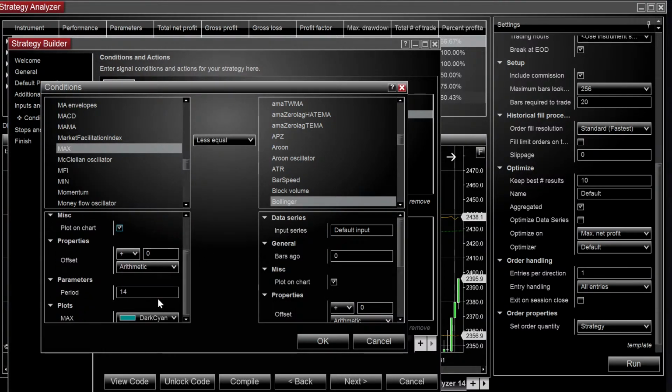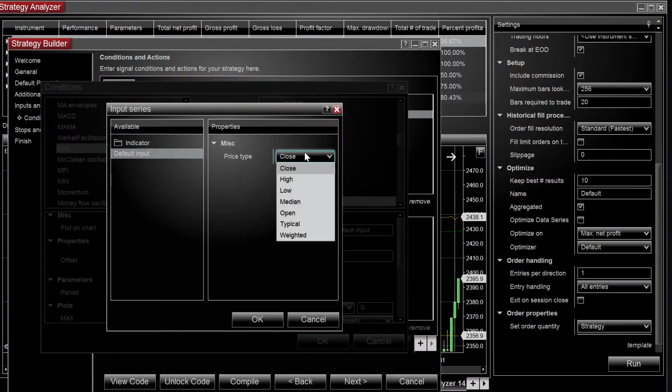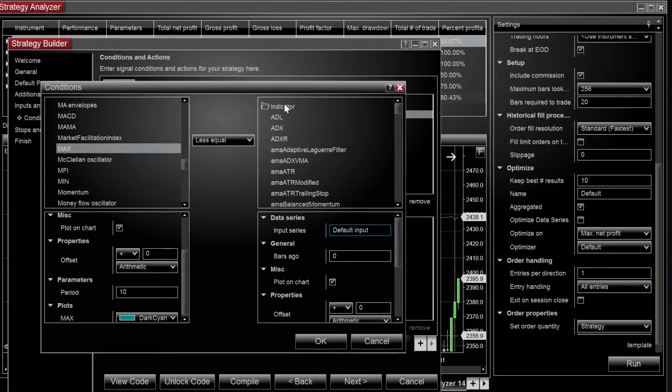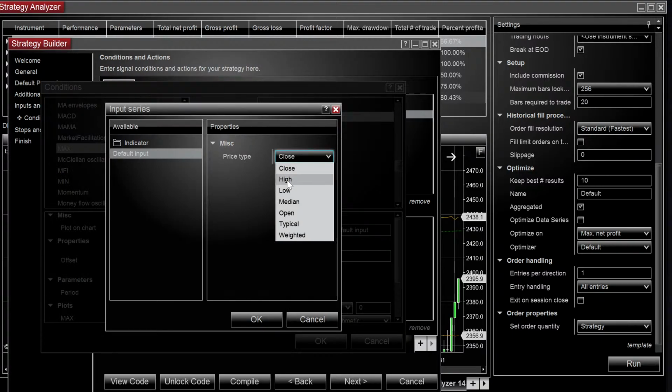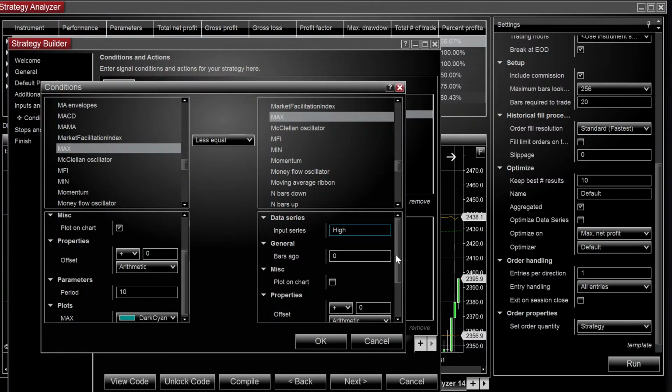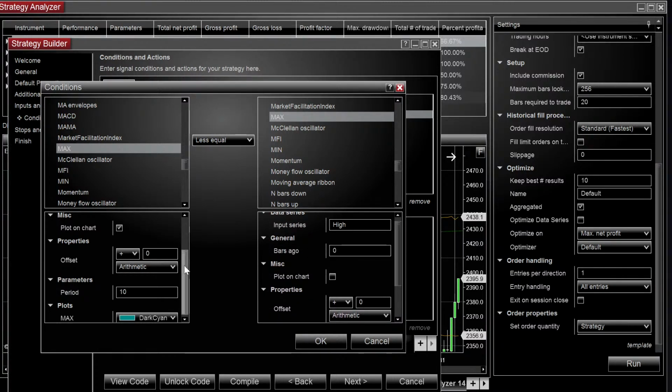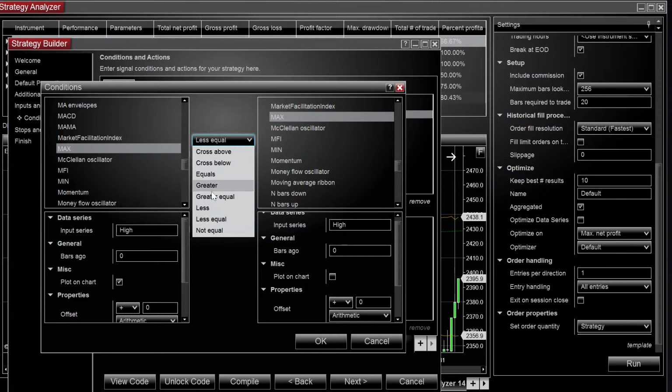So 10 period high is greater than the 10 period high 1 bar ago.